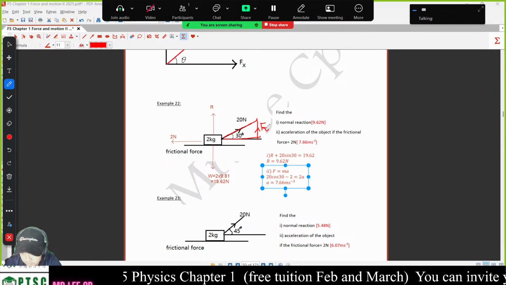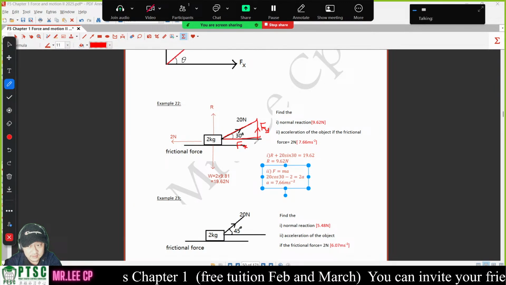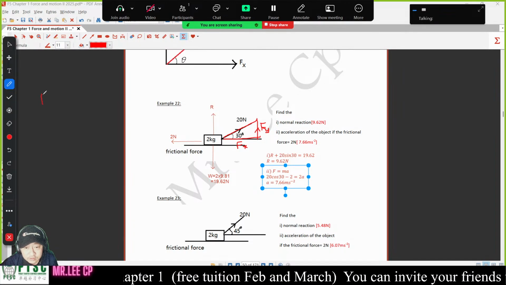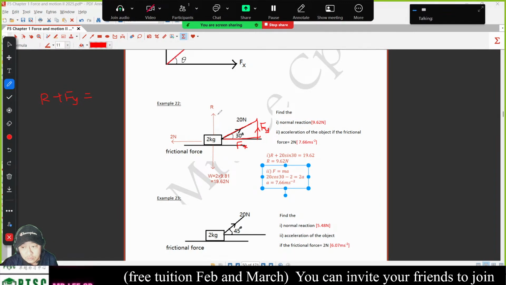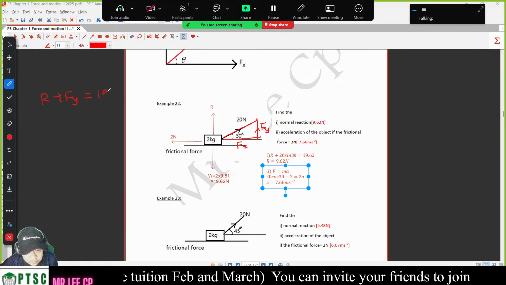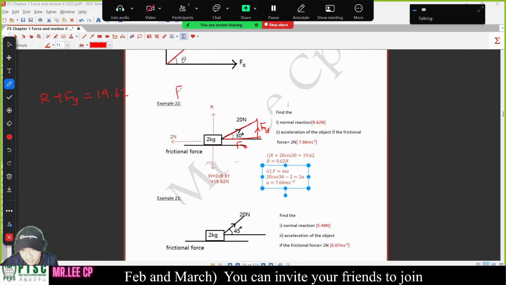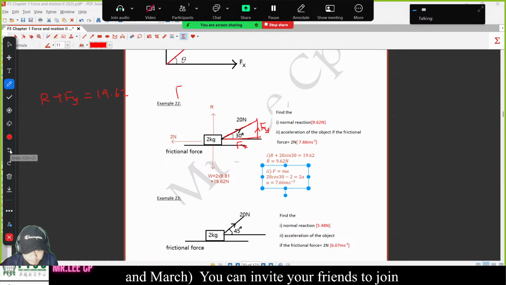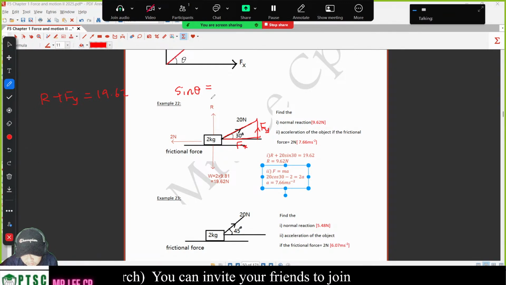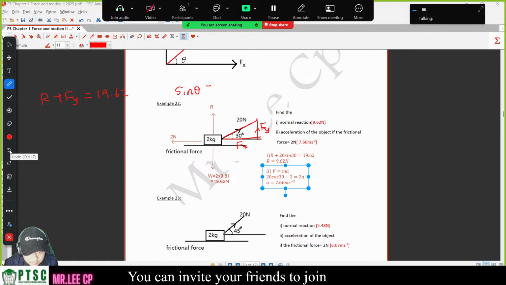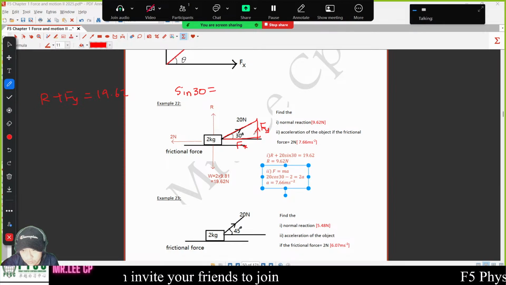So you need to draw the Fy. This is Fx. So how do you do it? R plus Fy is equal to the W, 19.62. Where sine theta, sine 30, is equal to opposite over hypotenuse.